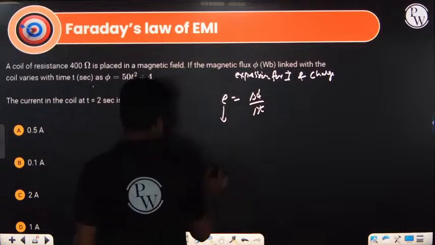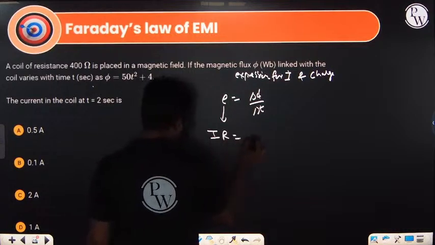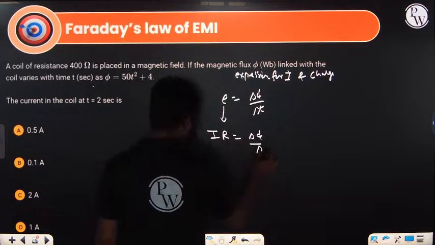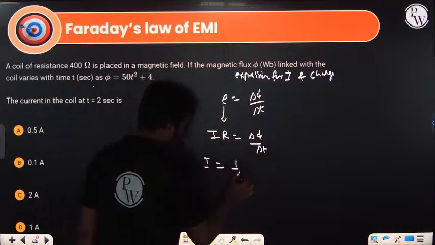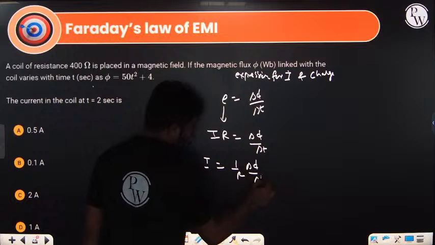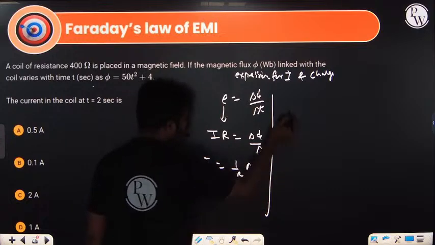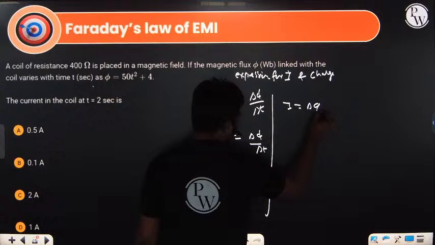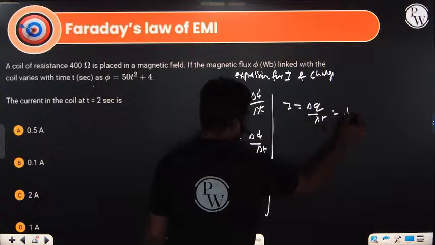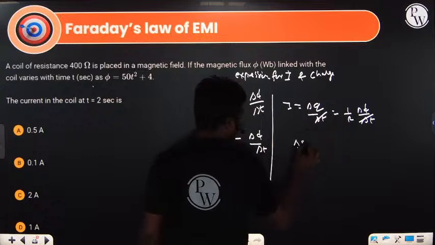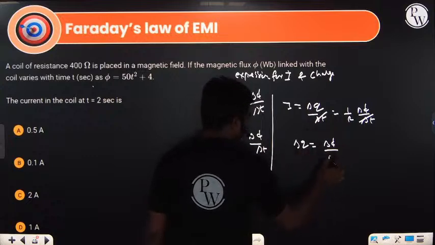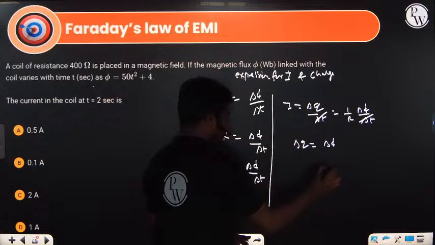From Ohm's law, I multiplied by R is equal to delta phi by delta t, so I is 1 by R delta phi by delta t. If I write I as delta q by delta t, that is given by 1 by R delta phi by delta t. Delta t cancels, and delta q is delta phi divided by R.